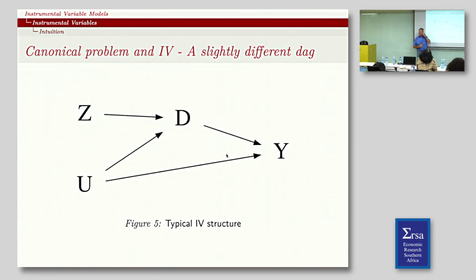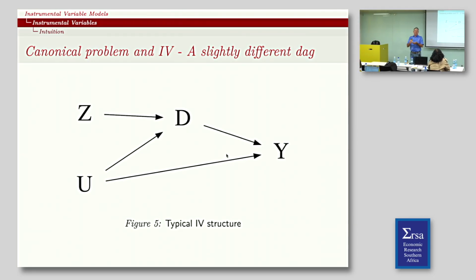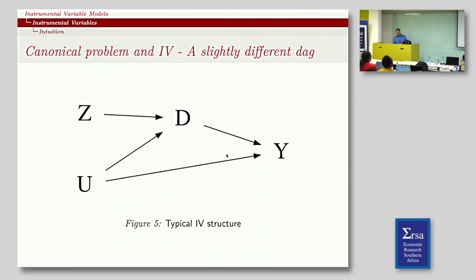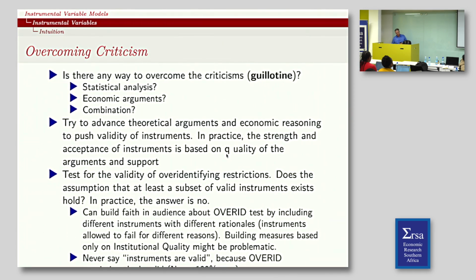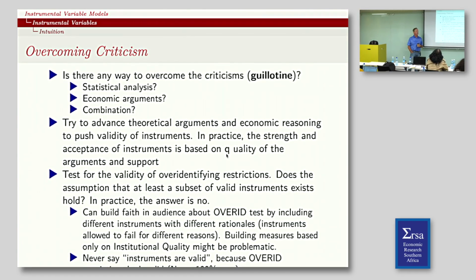In a purely statistical sense, even if Z doesn't cause Y directly, the fact that it's correlated with D, which is correlated with Y, means that you will find correlation between Z and Y. So you cannot run a simple test of the exclusion restriction. You're always stuck trying to argue the plausibility of the exclusion restriction. That's where economic arguments become so important.